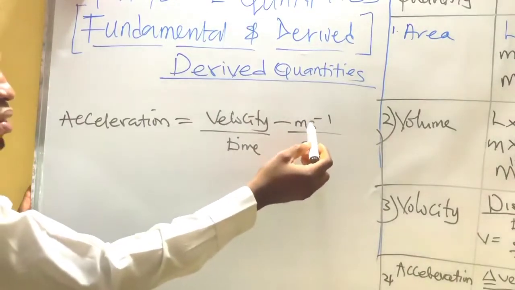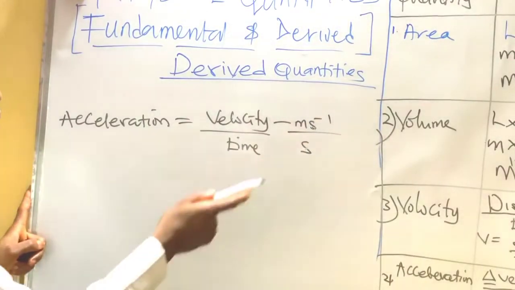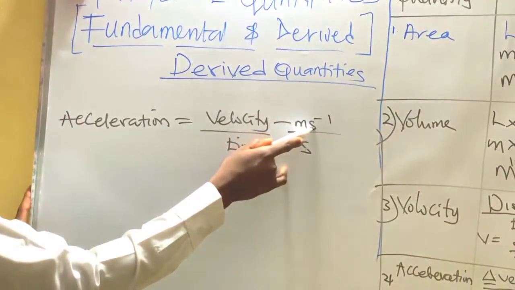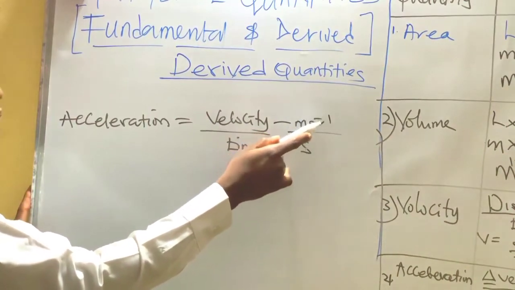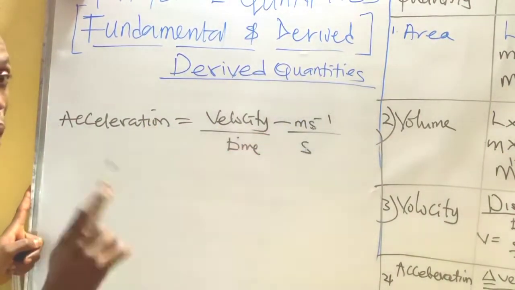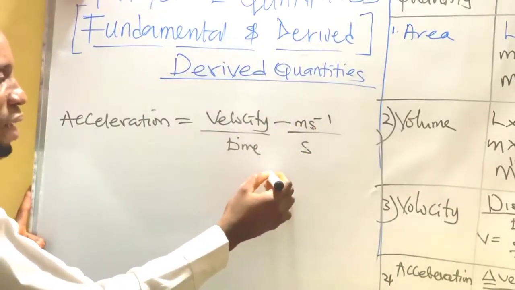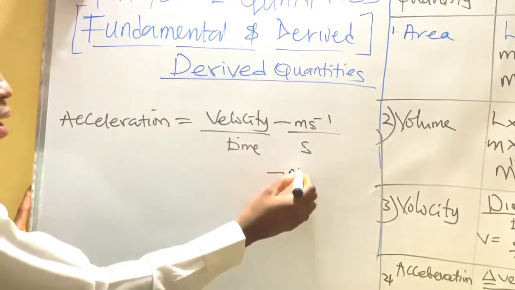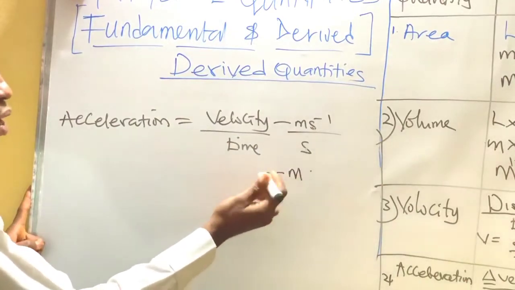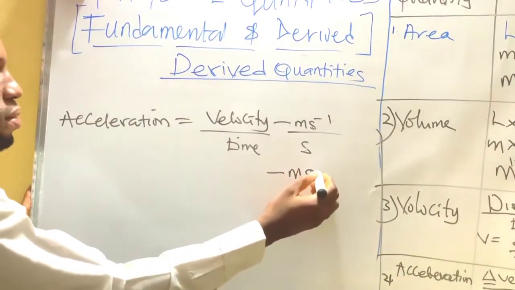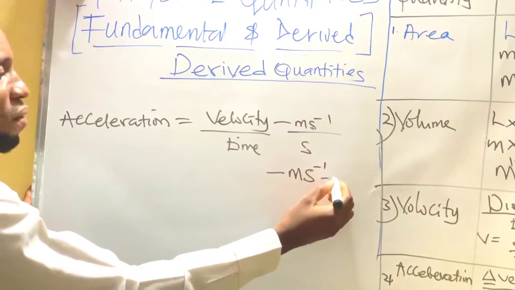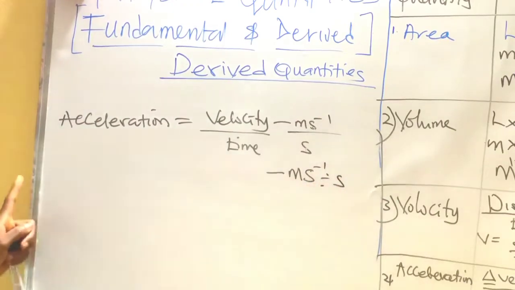So you cannot cancel these seconds, because this second up here has power -1, while this one has +1. So what are you going to do? You apply indices there. You're going to have m times s raised to the power -1, divided by s.